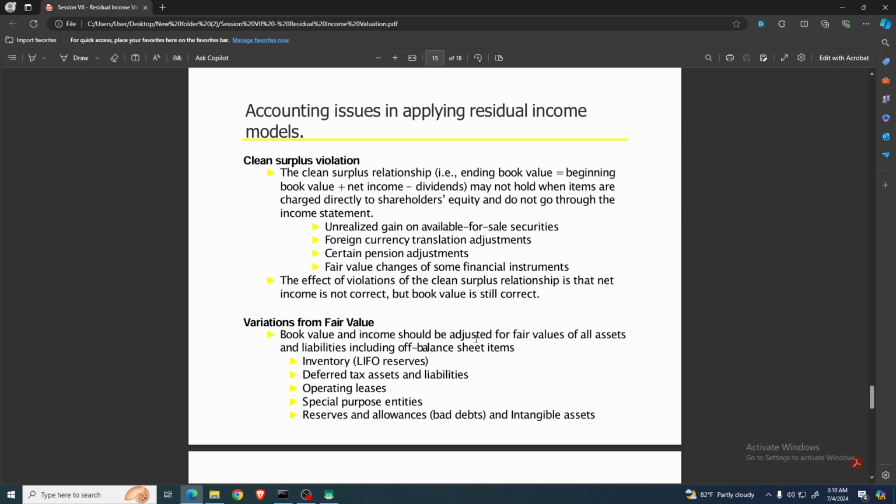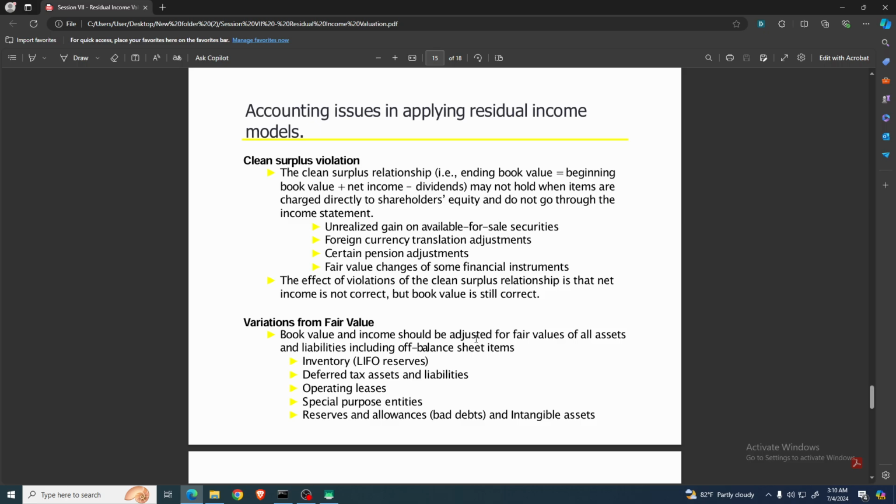And then you have the variations from fair value. What does this mean? To ensure accuracy, book value and income should be adjusted for the fair values of all assets and liabilities. This would include the inventory, that's usually the last in first out reserves, because adjusting the LIFO reserves can reflect the true value of inventory.